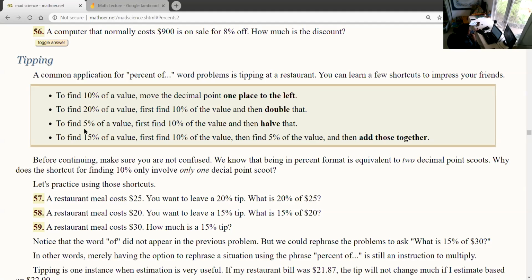And it does take more than one step, but a traditional tip for average service is 15%. So you do the 10% trick, you would do the 5% trick, and then put those together, since 10 and 5 turn out to be 15. Ready for some examples?